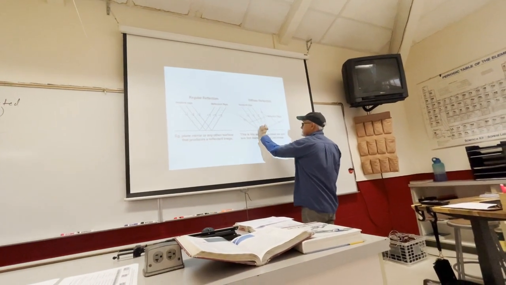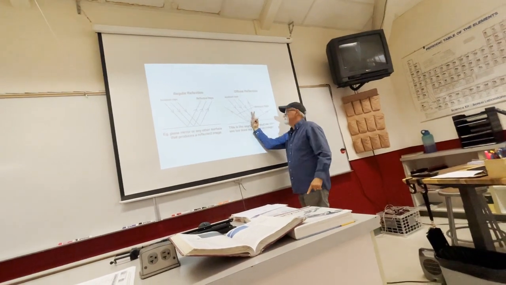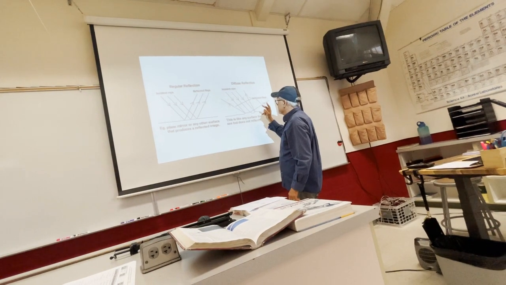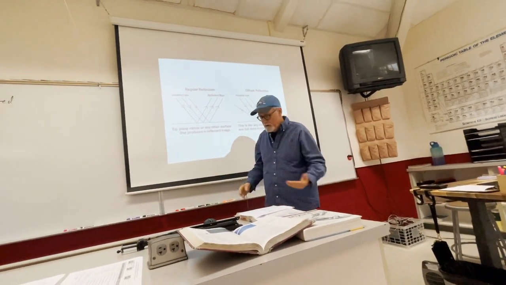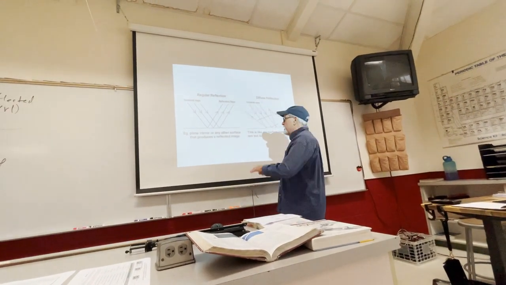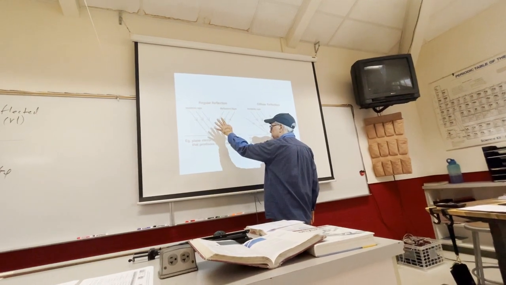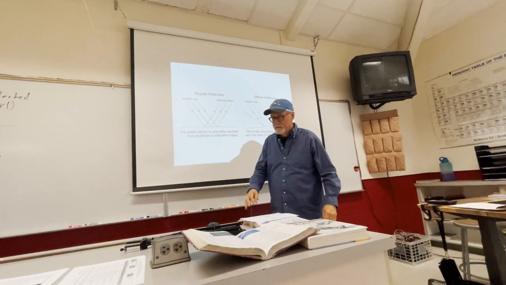Here we've got a surface that's like this, so the normal would be here, and same thing here. So the law of reflection always applies, but if you have a smooth surface, you get a regular reflection, comes in like this, goes out like that. If you have a rough surface, it goes all over the place.